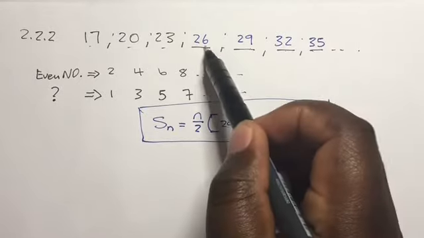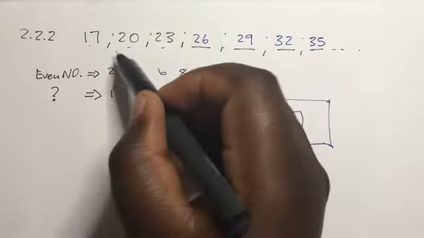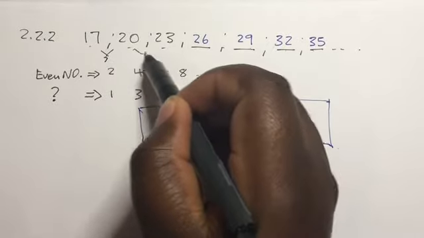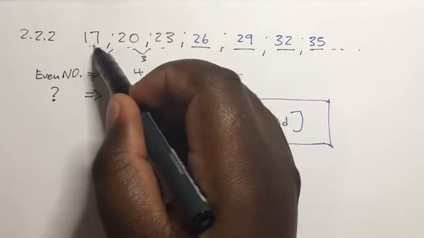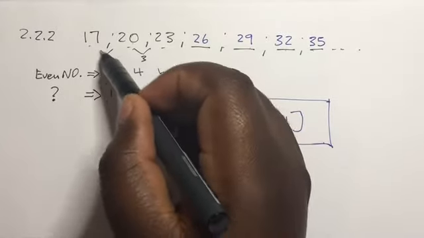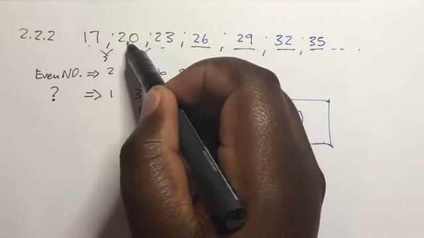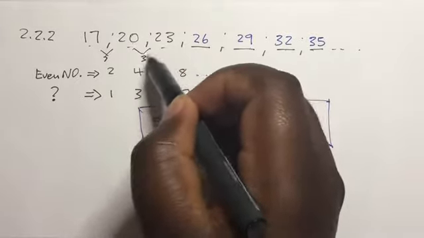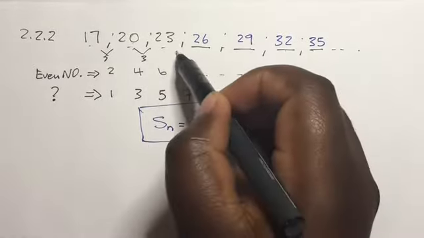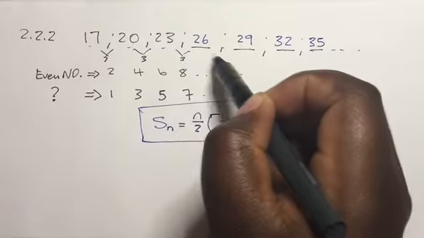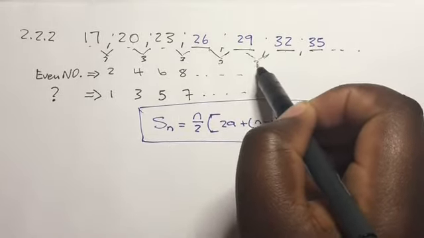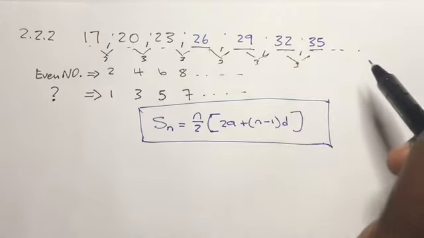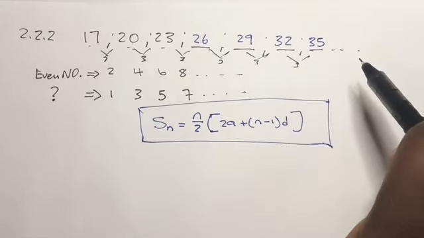Obviously, to get to 26, you remember our first common difference was 3. So you just add 3, meaning from 17 to get 20, you add 3. To get to 23, you add 3. To get to 26, you add 3. To get to 29, you add 3. So you just add 3 until infinity.